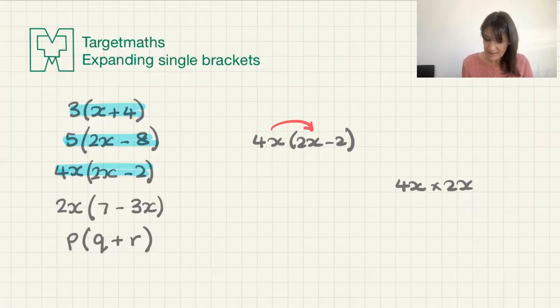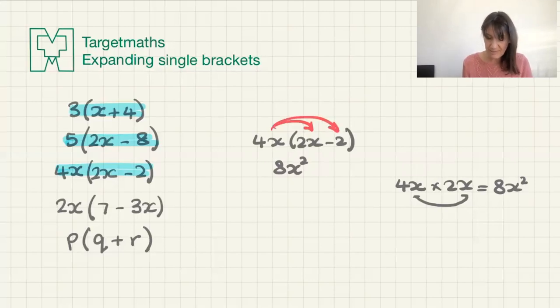I can clearly see 4 times 2, and 4 times 2 is 8. But I can also really clearly see I've got an x and another one here. x times x is x squared. So I've got one on the outside, one on the inside, and they come together to create the 8 and then x squared. Okay.